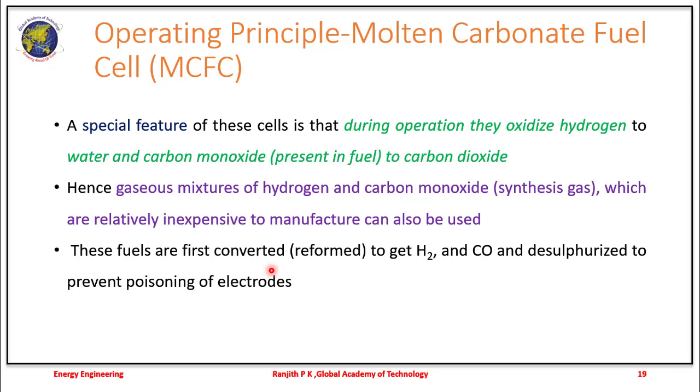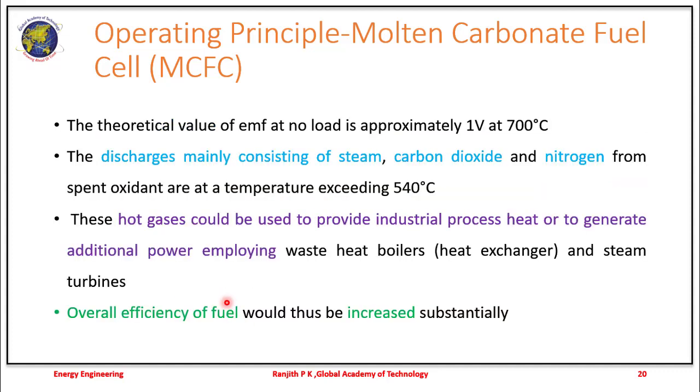The fuels are first converted to get the hydrogen, carbon monoxide, and then desulfurized to prevent any damage or poisoning of the electrodes here. The theoretical value of EMF that is produced is 1 volt at a typical operation of about 700 degrees Celsius. The discharge usually consists of some amount of steam, and then carbon dioxide and nitrogen.